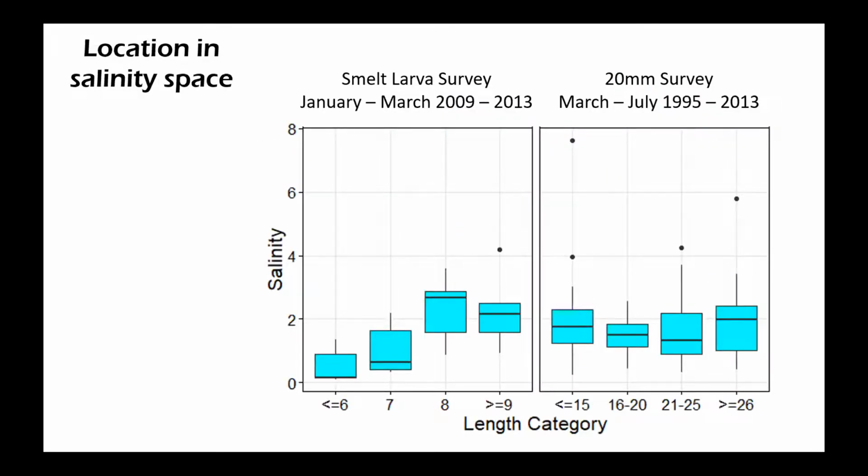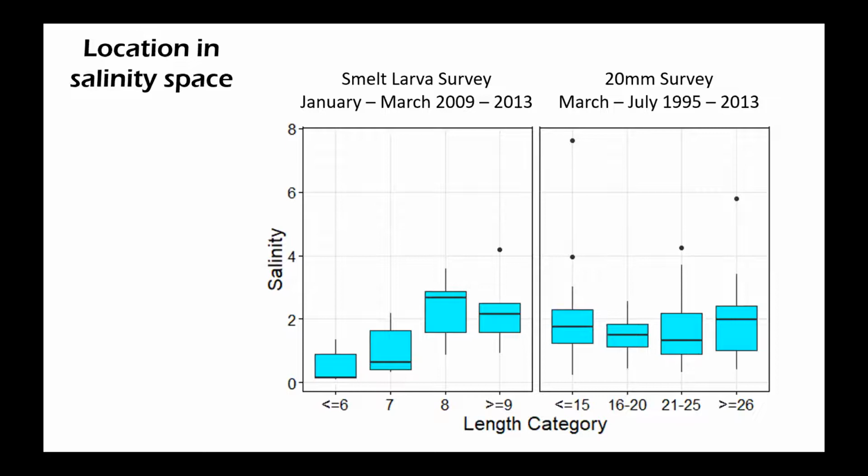Okay, so now we have the smelt larva survey from January to March, and the 20 millimeter survey from March to July. This is salinity by length, box plots, about 24,000 fish here and 200,000 fish here.